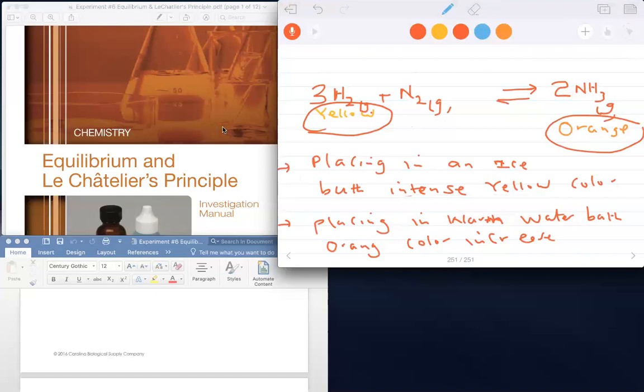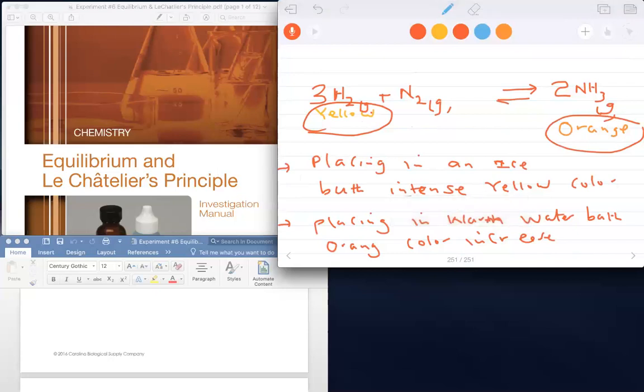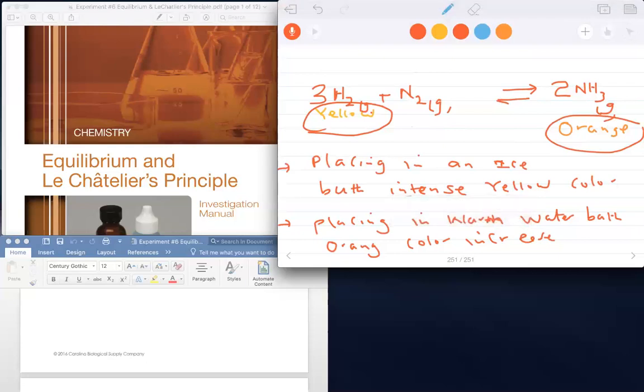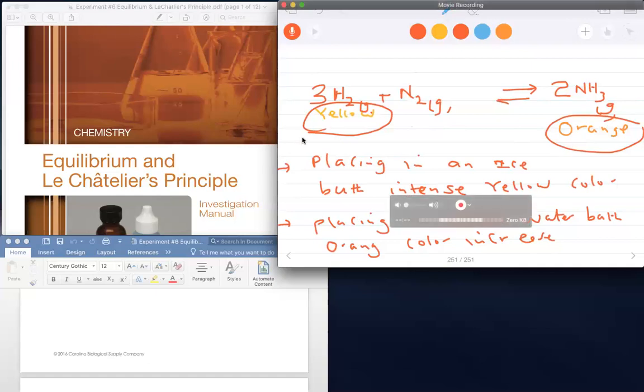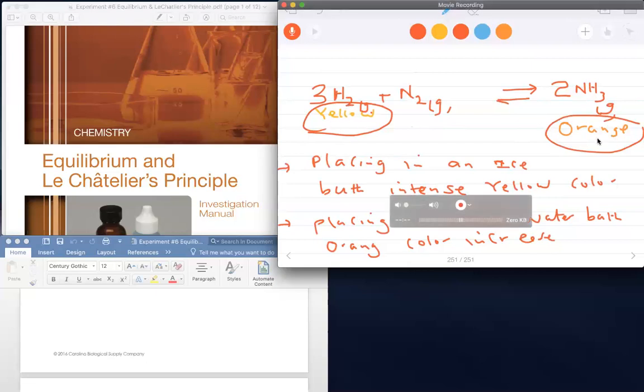The color coding here will be your hint. Normally, I take points off whenever I ask students to give me the dynamic equilibrium expression without indicating the color. You need to indicate the color, because how will you know that it's going to shift in this direction or in this direction? It's based on the color of your reactants or product.